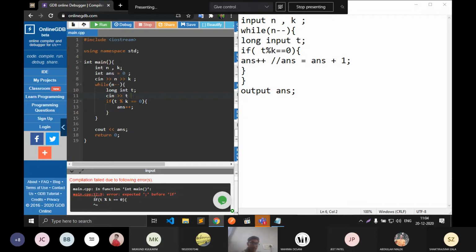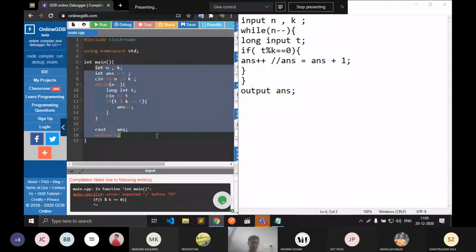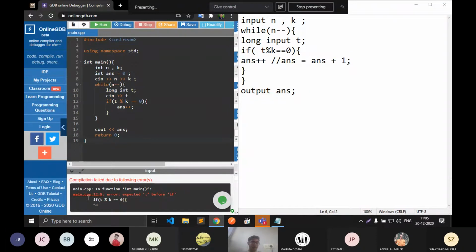Next is in a function, integer main, this is our integer main function. It means our error is in the main function, not outside of a function, so our error is in this code. Next, main cpp 12 9, it means 12th line, column 9.